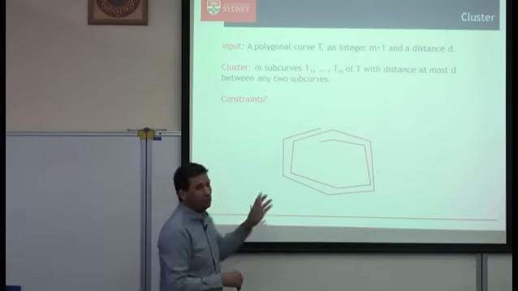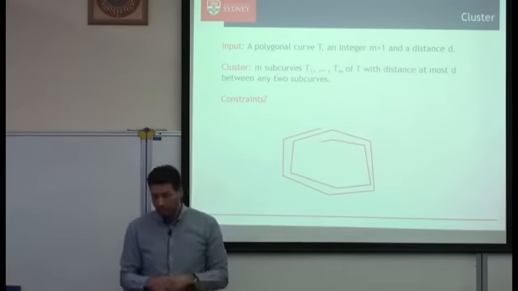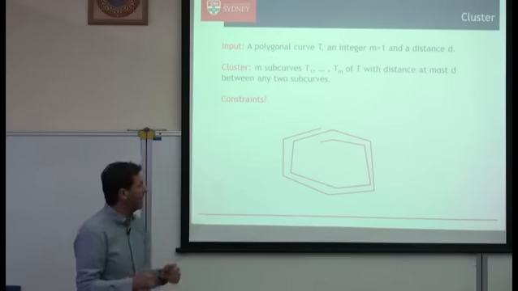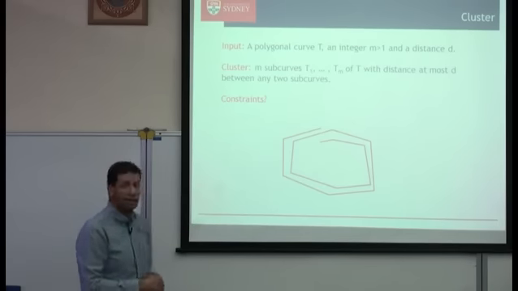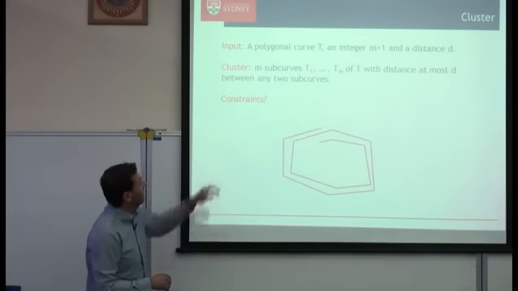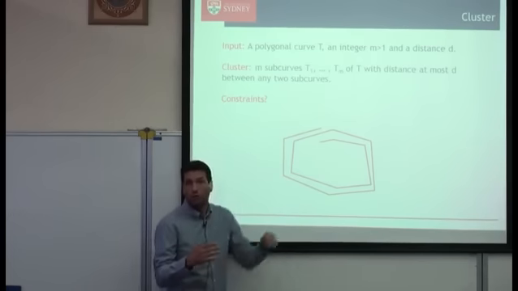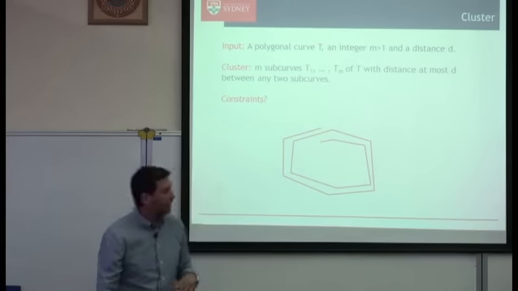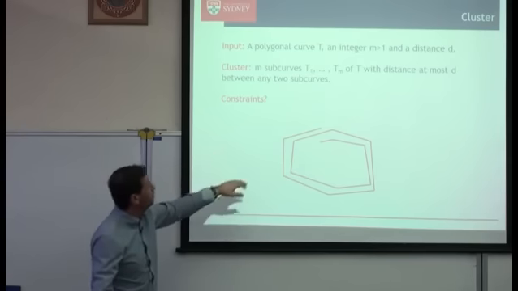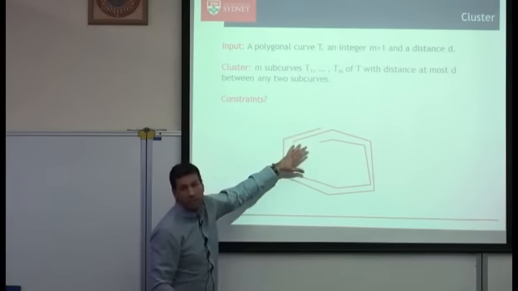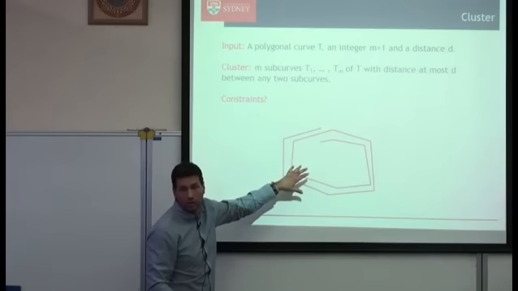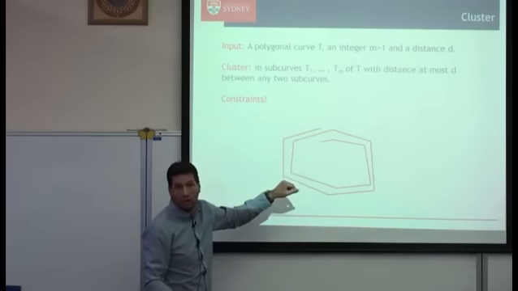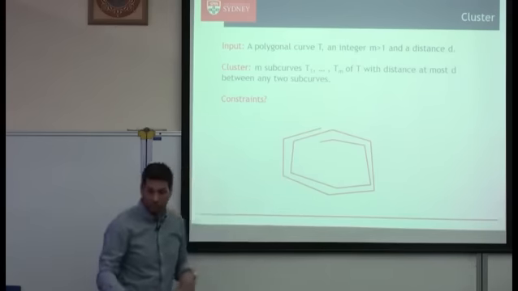That's very much like the standard definition of a cluster for points. But is there anything we have to be a little bit careful of? One thing that is generally required in the literature is that the subcurves do not overlap. Say I want to decide if this trajectory, this curve, has two subcurves that form a cluster.